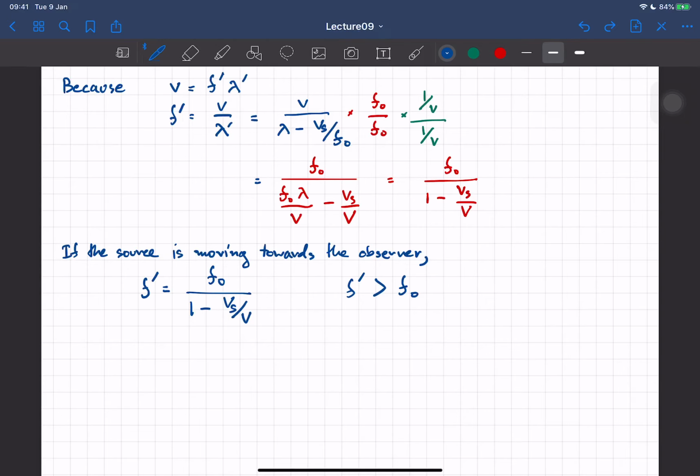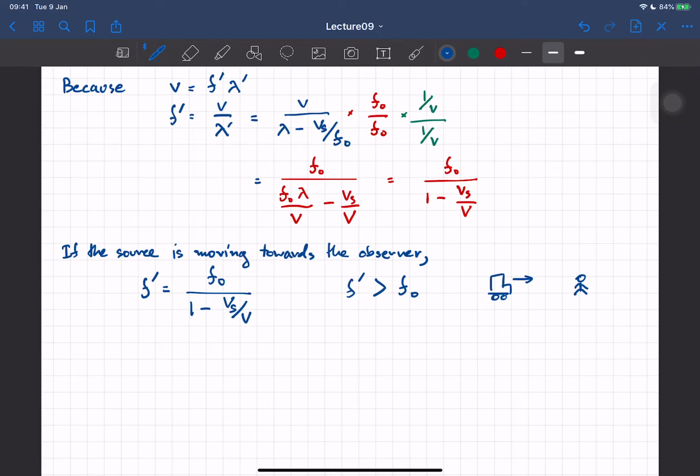Now you can do the same thing to analyze the case where the source is moving away from the observer. Let me draw it here. The siren of the ambulance is moving towards the observer, so you hear the pitch higher.